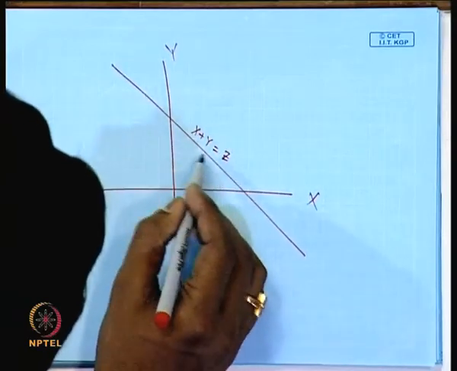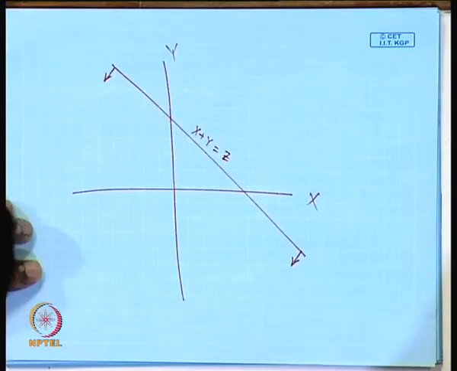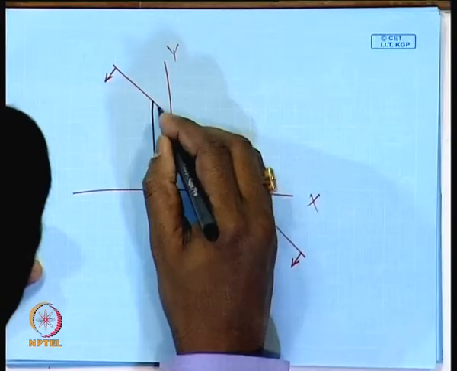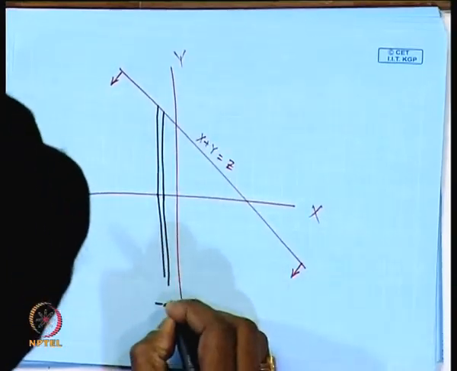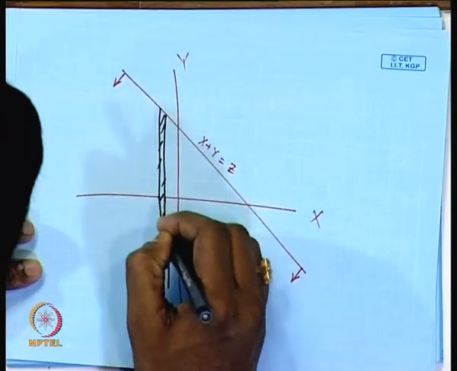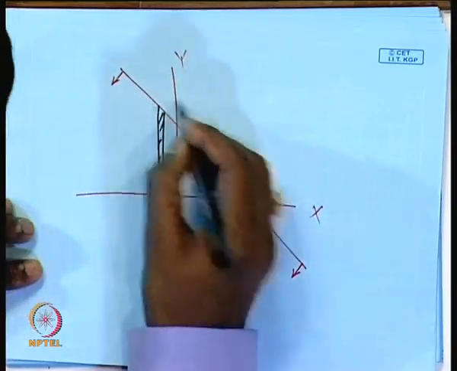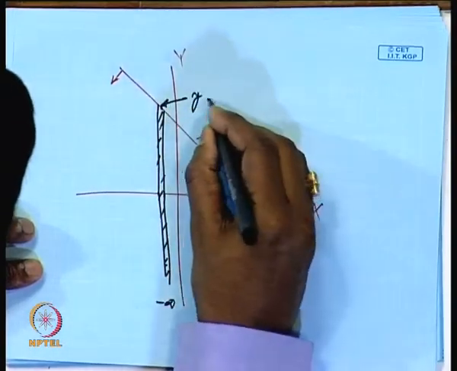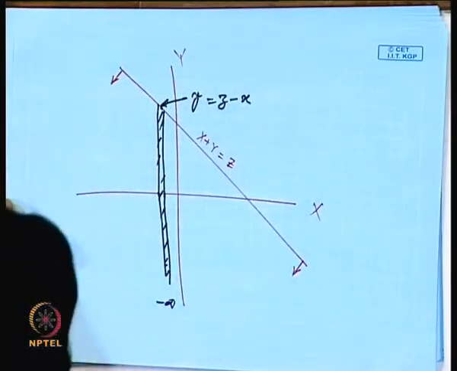So, x plus y less than or equal to z means we are just talking about this area. Now, if we take a strip like this, it is basically going to minus infinity and going up to this point, where y is equal to z minus x from this line.